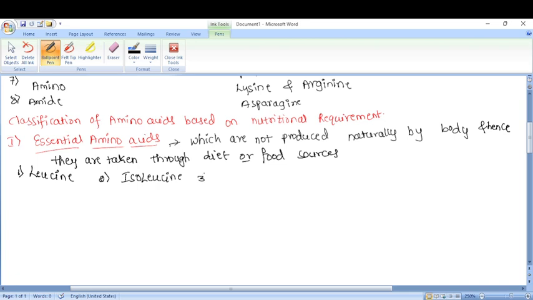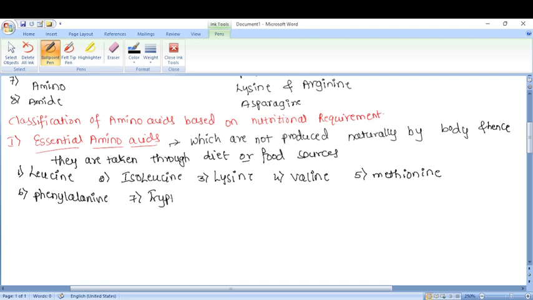Then lysine, valine, methionine, phenylalanine, next one, tryptophan, and threonine. These all are essential amino acids.